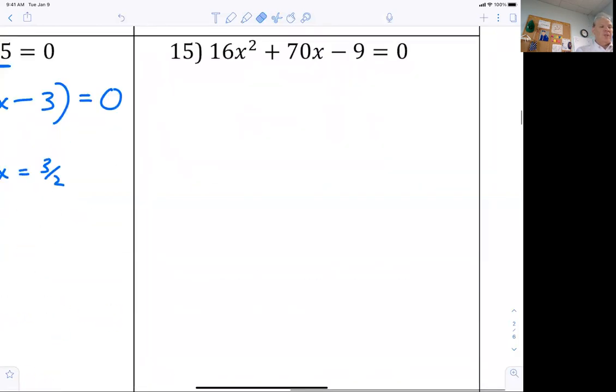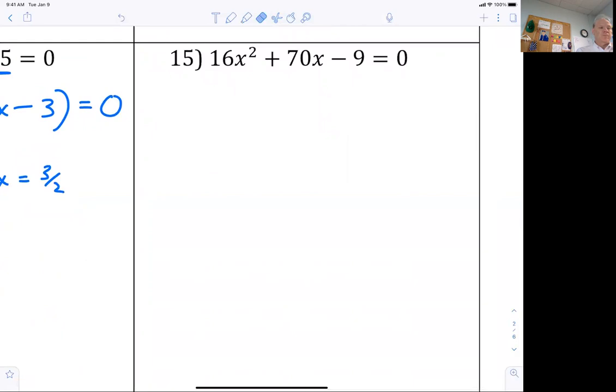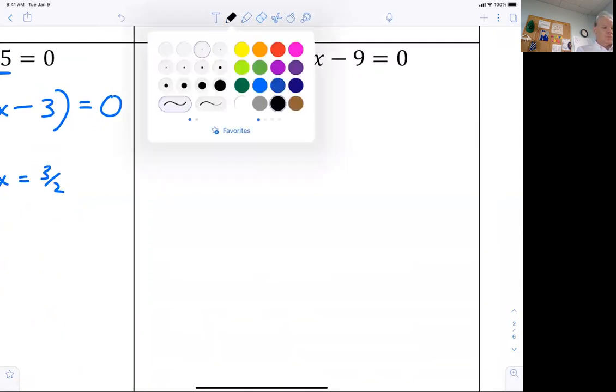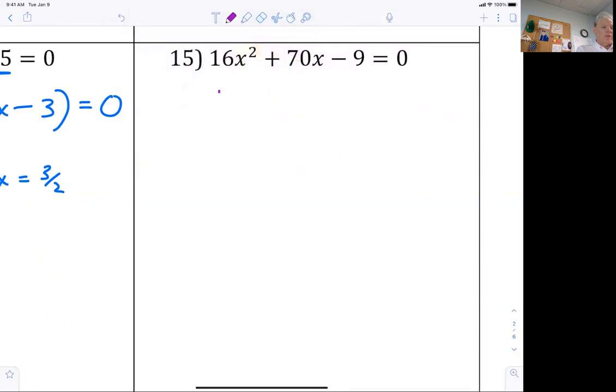Here we go. 15. Now remember, it's not doing any good just to listen to someone else tell you what the factors are. I got it. 8x minus 1 and 2x plus 9.